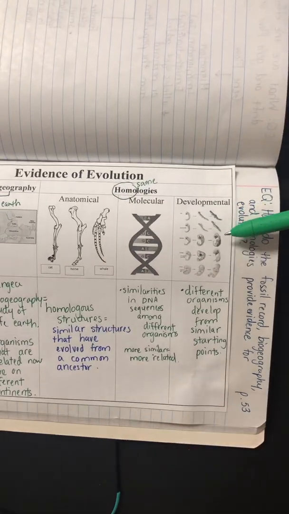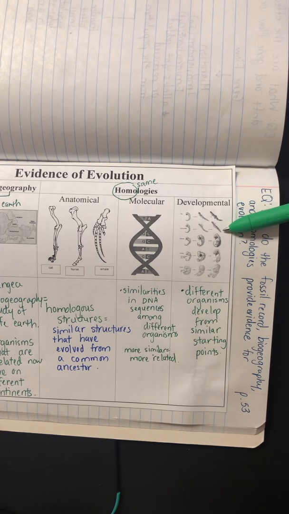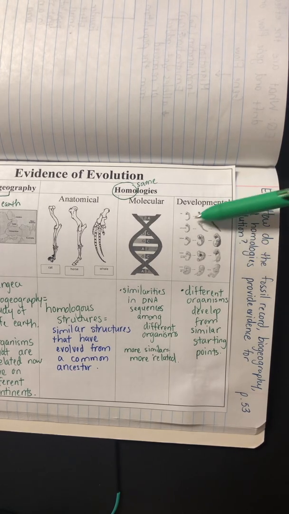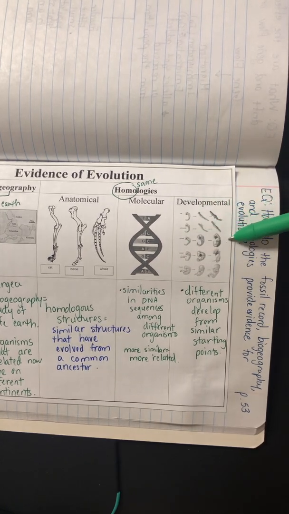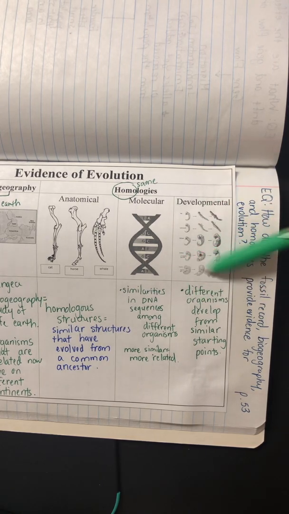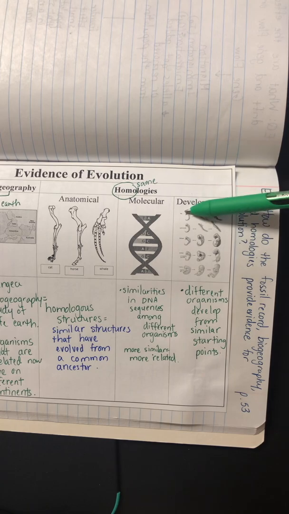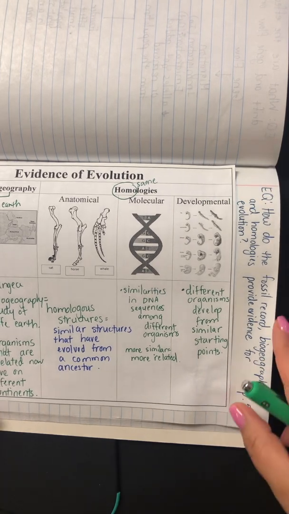And then the last one, developmental homologies, are simply that in its primitive development form, everything seems to have similarities early in life, and then as we grow and evolve, we've evolved into something different based upon our environment, but our beginning shows some similarities.